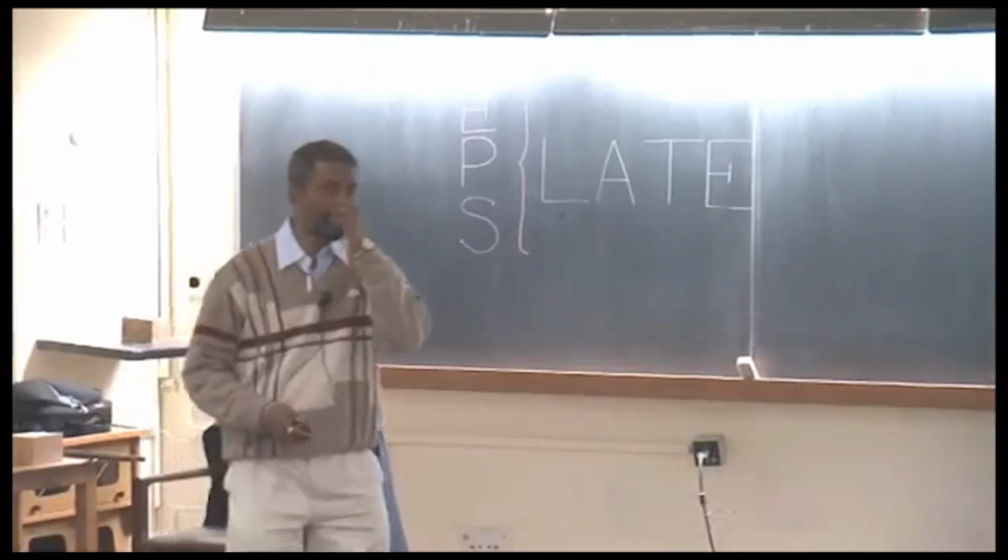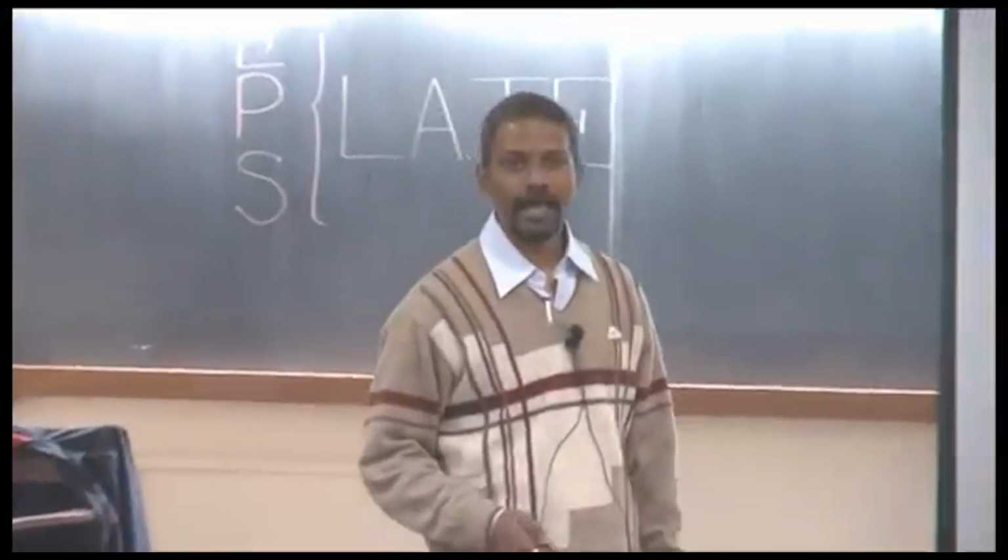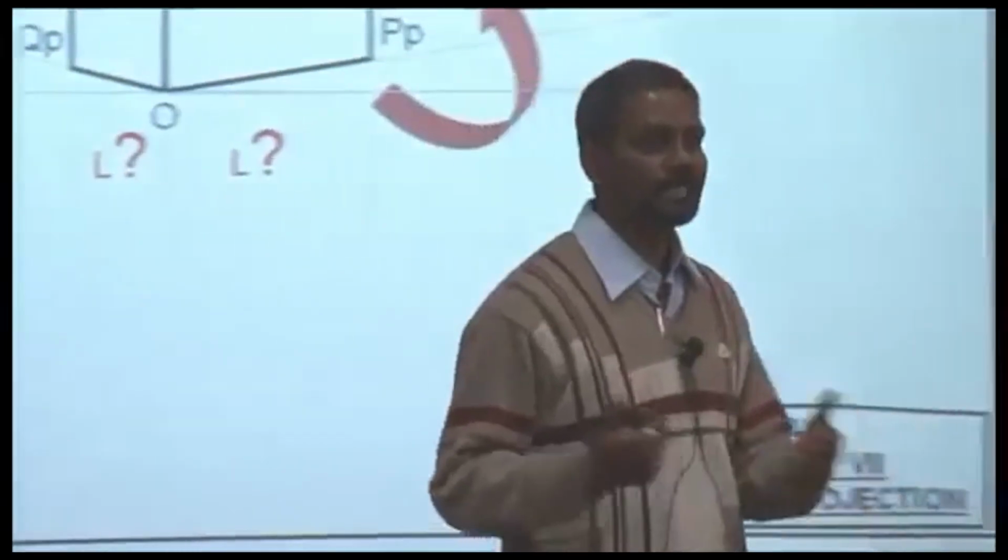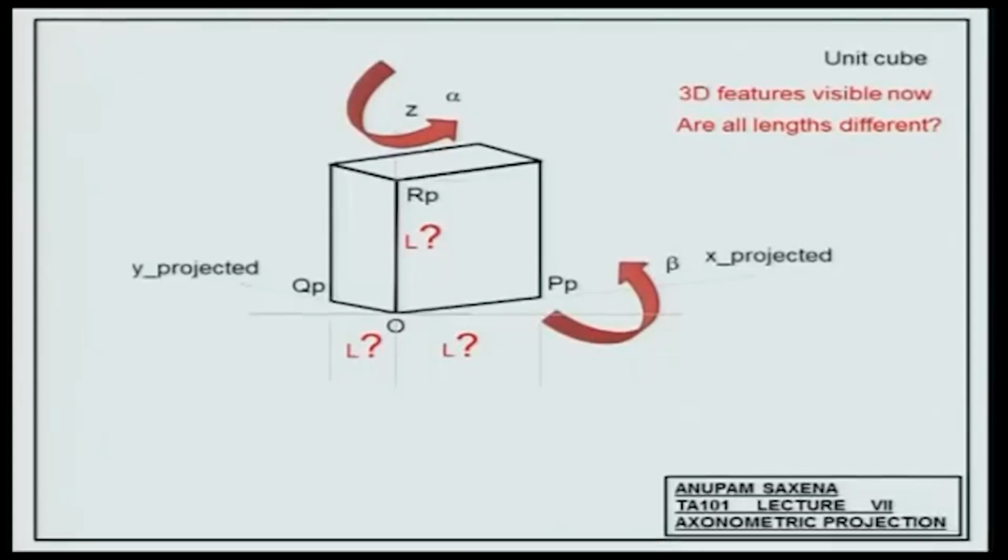Now depending on what angle alpha is and what angle beta is, we'll have to figure out by how much these lengths actually get reduced. For that we need mathematics. You would agree with this, no? All lengths are different for arbitrary angles alpha and beta.